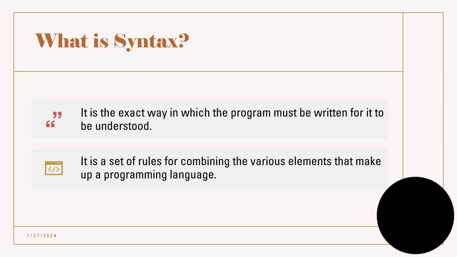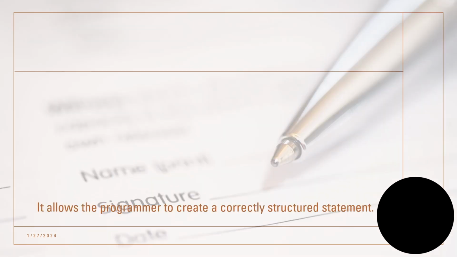So the syntax therefore enables the program to be correctly structured. By not following the rules that control the structure of the symbols, the punctuation, and the words of a program, you're going to end up with an error.